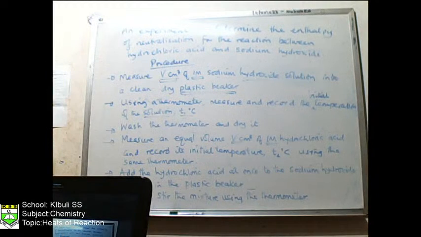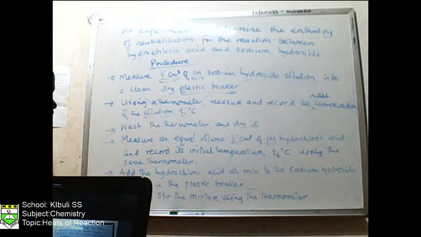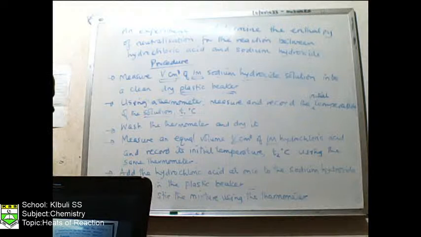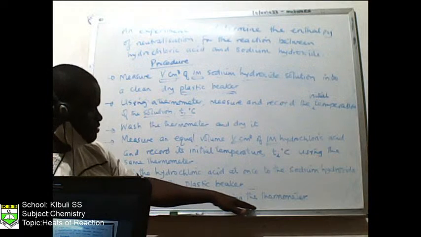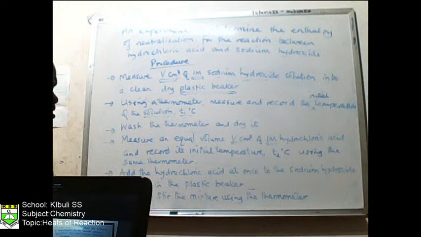So when you add the two, hydrochloric acid and sodium hydroxide, the neutralization reaction will start to take place and heat energy will be given off. This heat energy will raise the temperature of the solution, and this will be monitored by observing the thermometer.